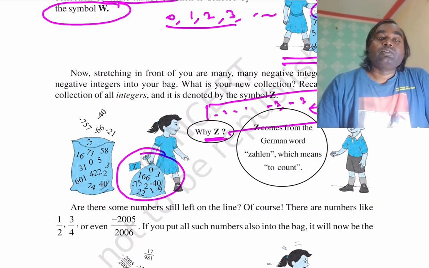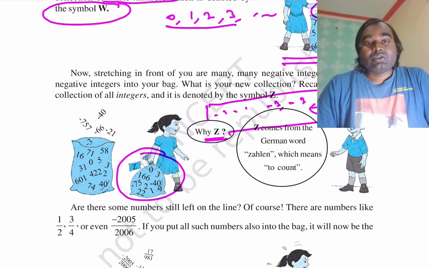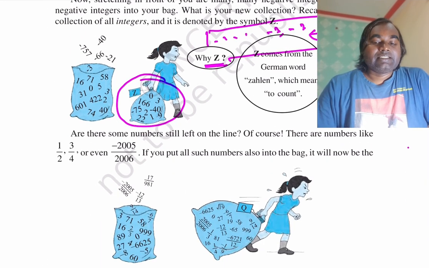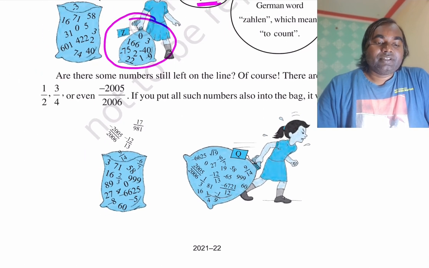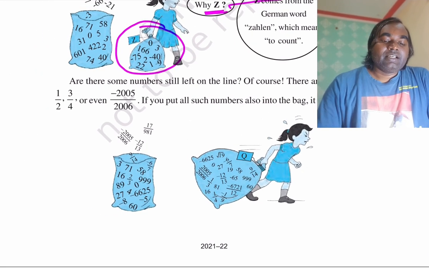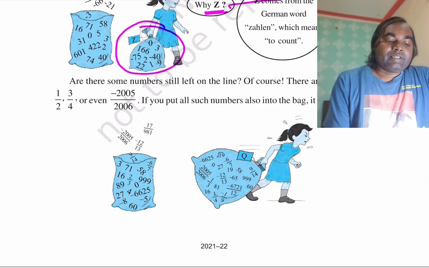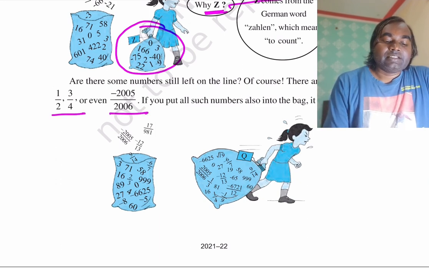Now we'll talk about the rational numbers. What are those numbers? If we are having numbers like this, then these types of numbers are called rational numbers.